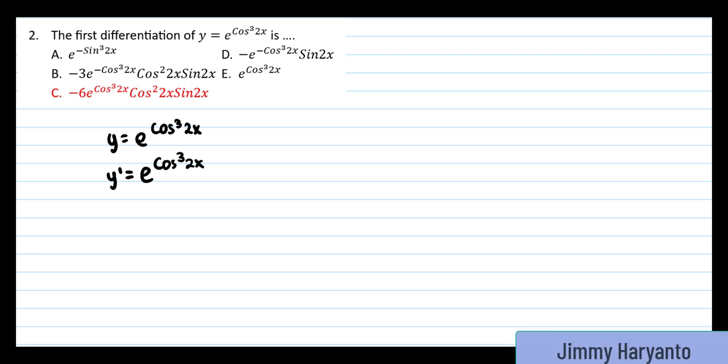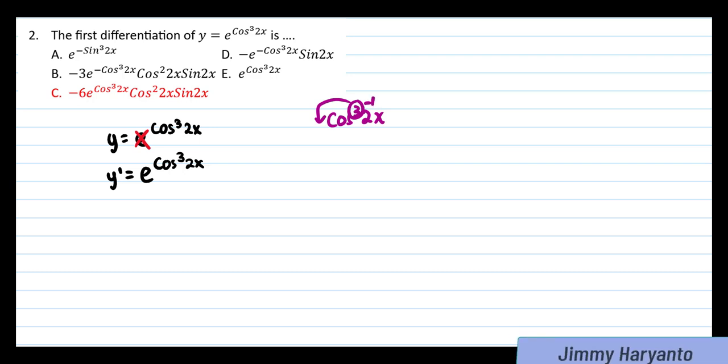Okay. After you are done with the e, you will go to the cube first. The cube will go down, so cos to the power of 3 2x, the 3 goes down, and then the power will reduce by 1.